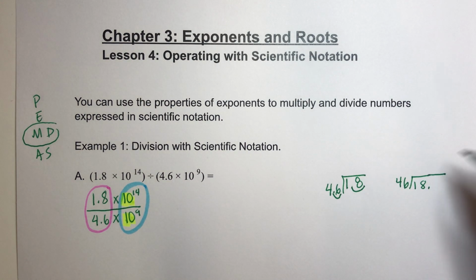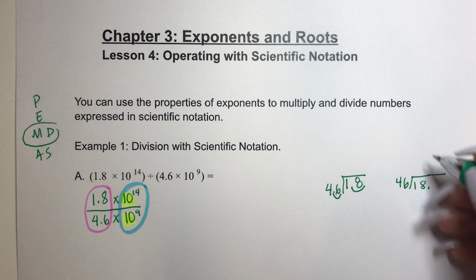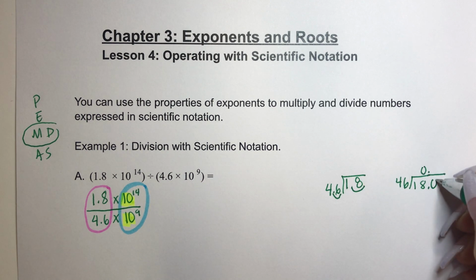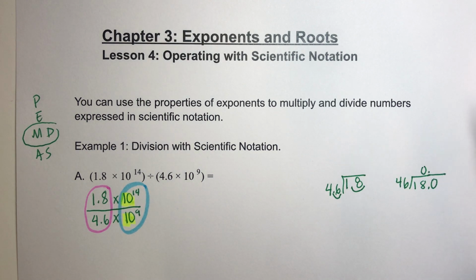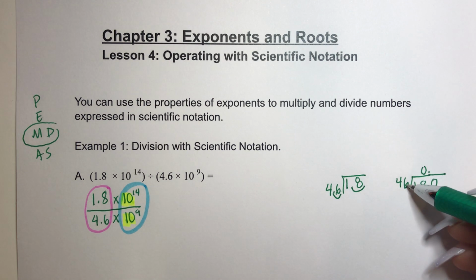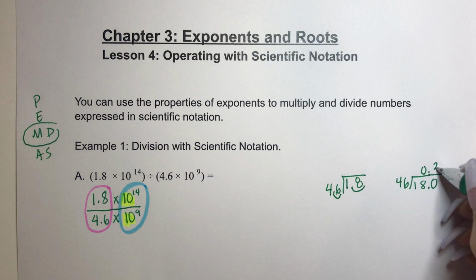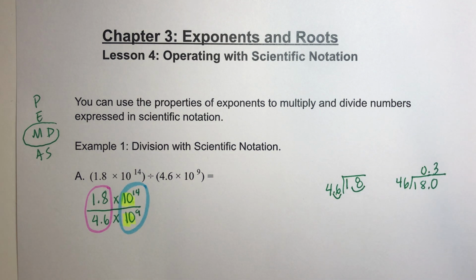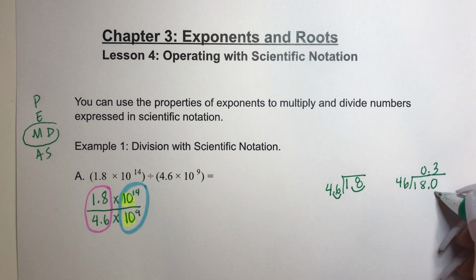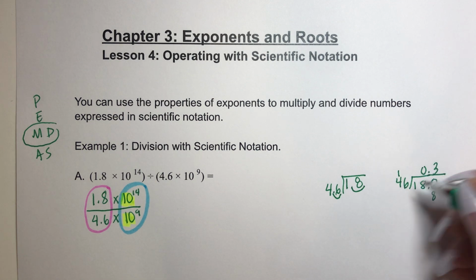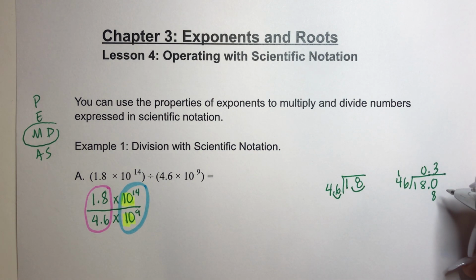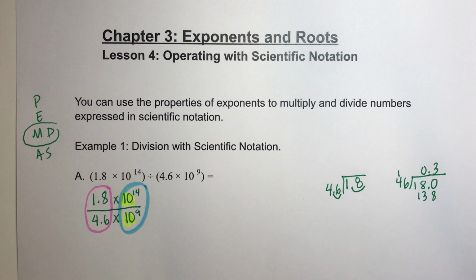How many times does 46 go into 18? Well, none. So we have to add another 0. 46 goes into 180 how many times? I'm going to think about this as 50. So 50 would go into 180 about 3 times. 3 times 6 is 18. Write the 8, carry the 1. 3 times 4 is 12, plus 1 is 13.